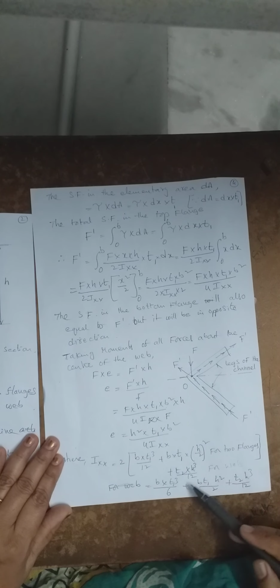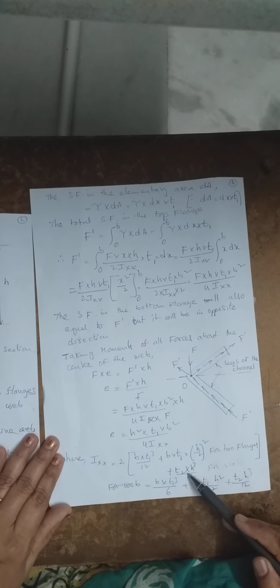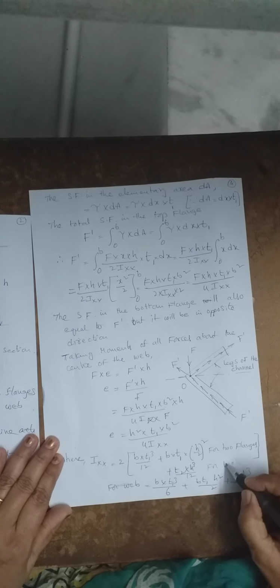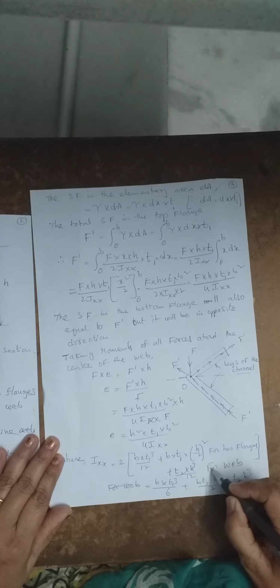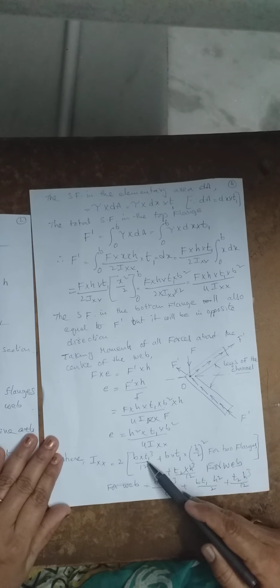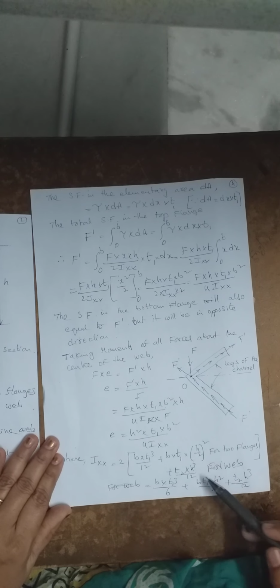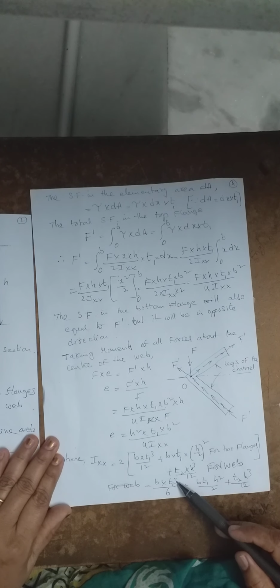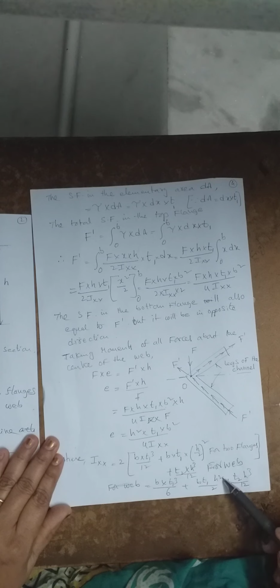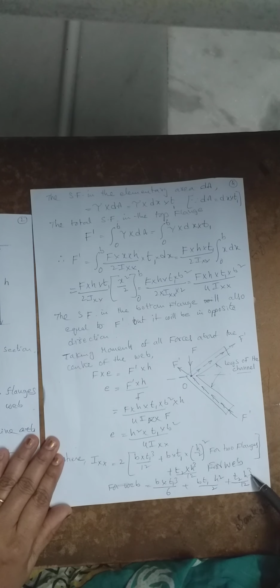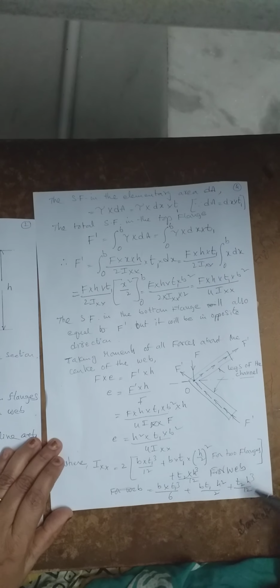This is for two flanges, and of course for web t2 h cube by 12. This is for the web. So b into t1 cube by 6. If we simplify this whole expression, b into t1 cube by 6 plus b t1 h square by 2 plus, about the web, t2 h cube by 12. So this is the final.